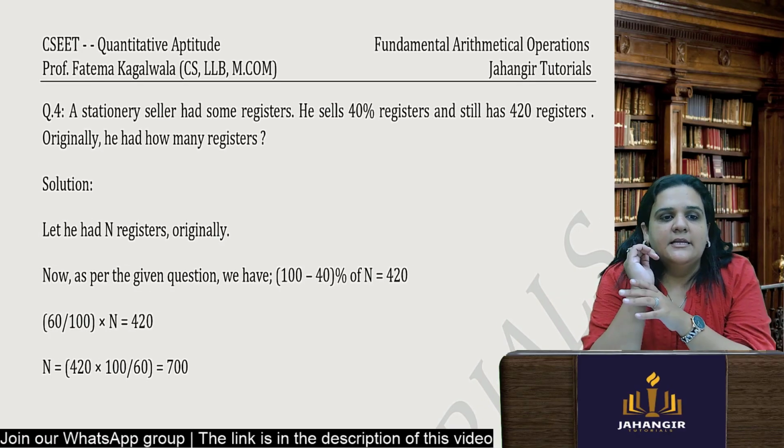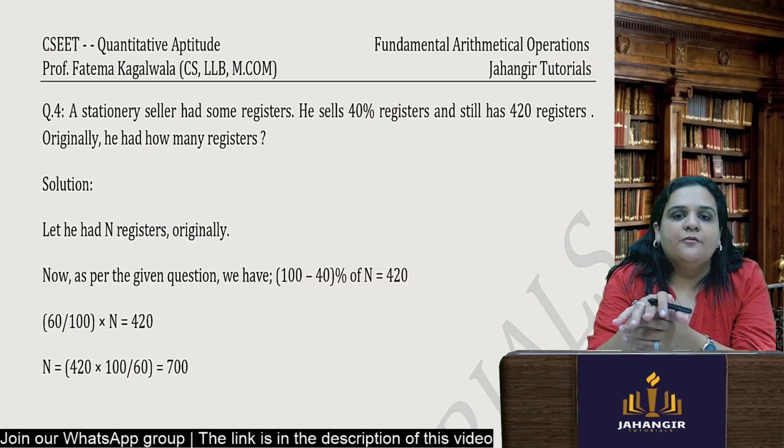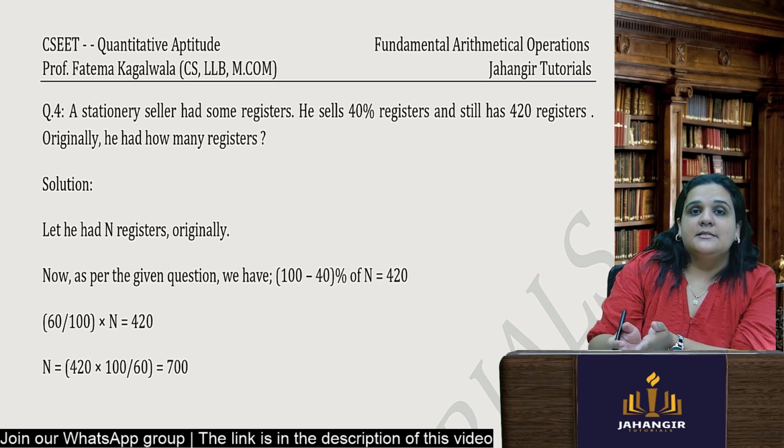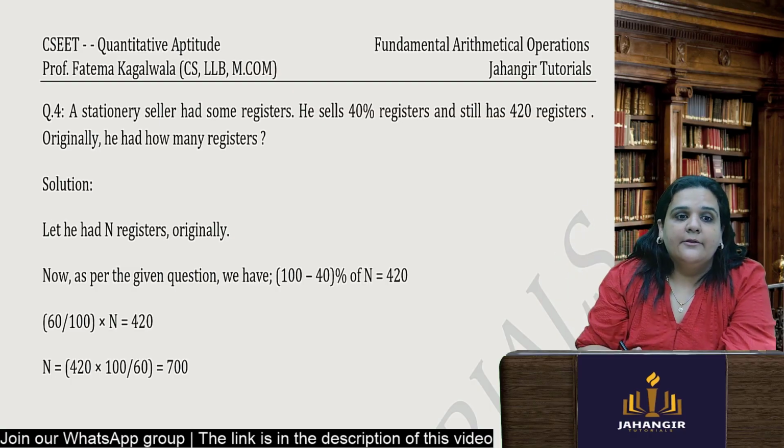A stationery seller had some registers. He sells 40% of the registers and still he has 420 registers. Originally, how many registers did he have? So now they are asking you the total value. They have given you the other values and now they are asking for the total.